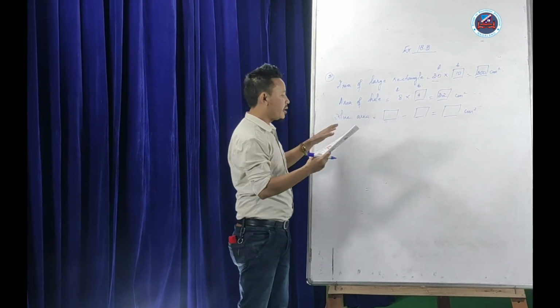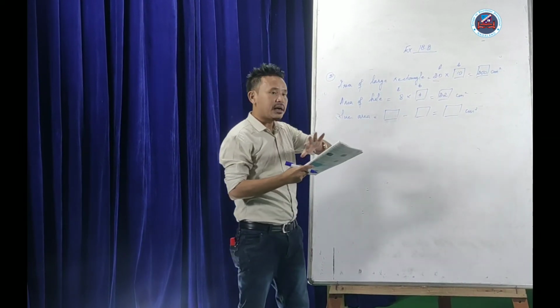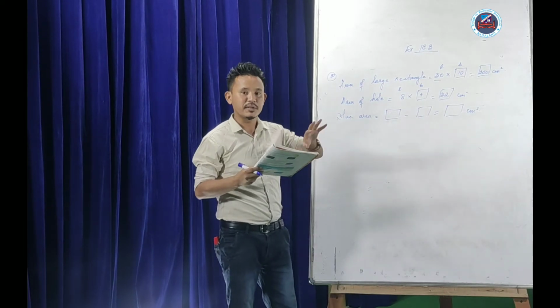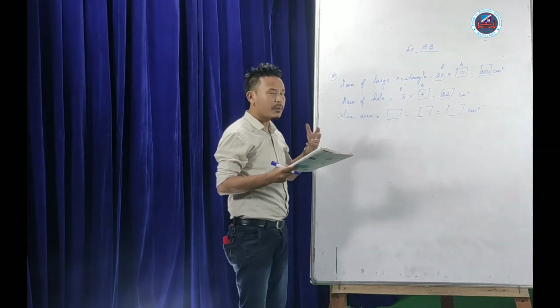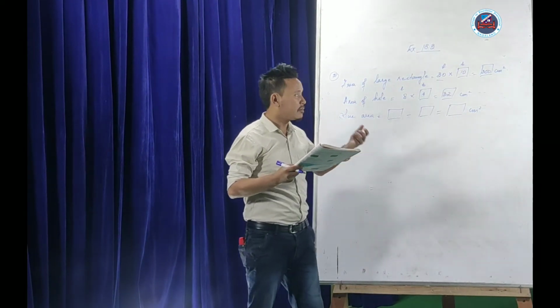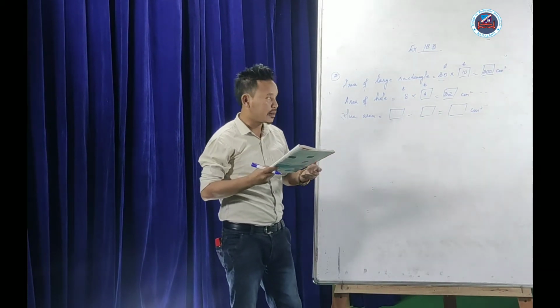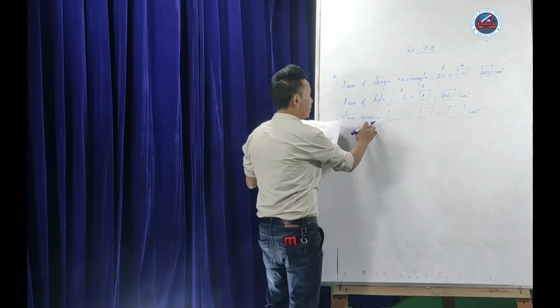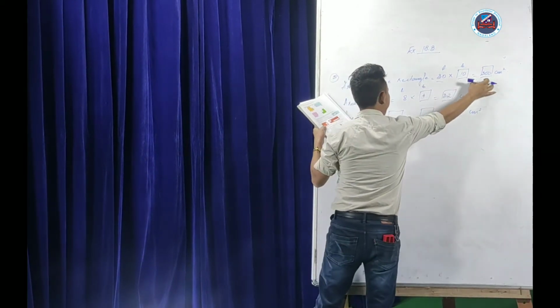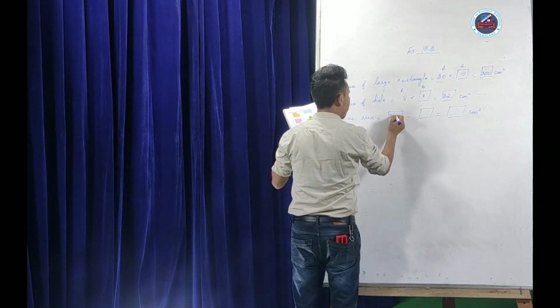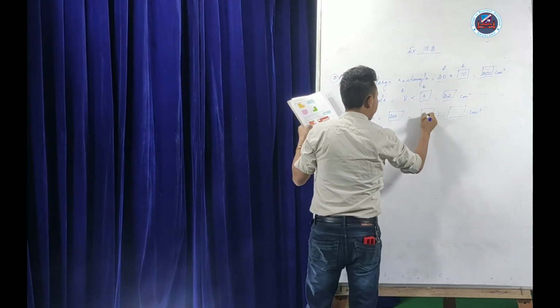Now, for the blue area, we are asked to find how much area the blue section covers. So we subtract the smaller rectangle from the larger rectangle. Blue area equals the larger rectangle, which is 300, right? Minus 32.